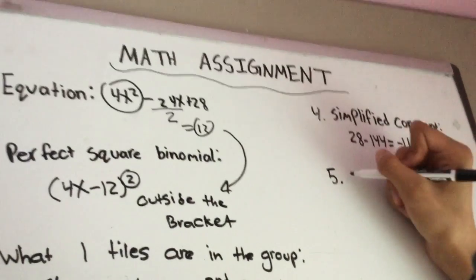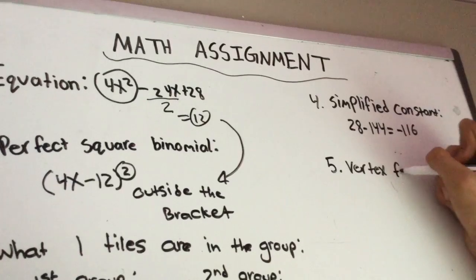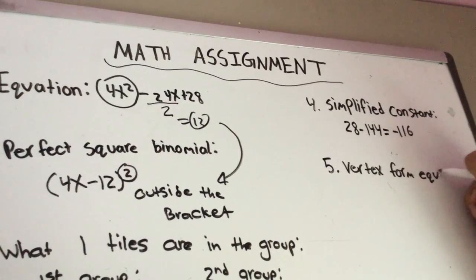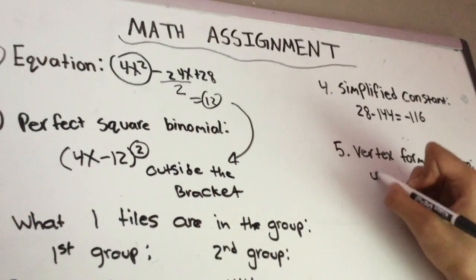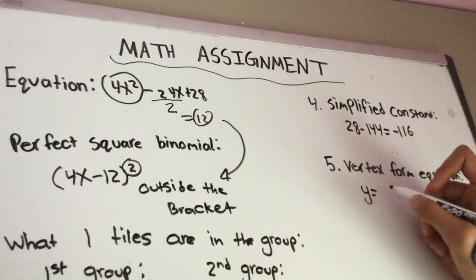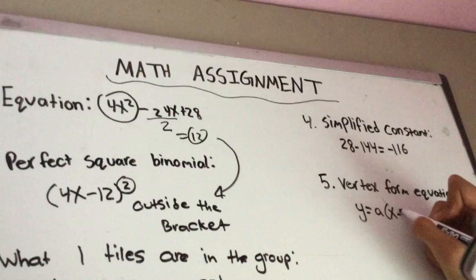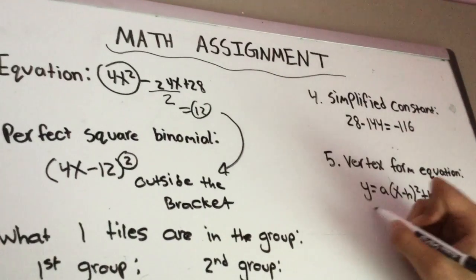And then step 5, what I did is vertex form. The vertex form equation is y equals a(x minus h) squared plus k.